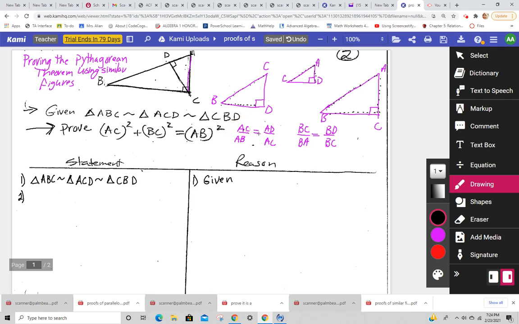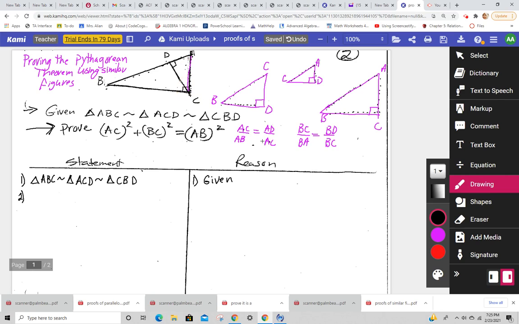You see I have AC here and AC here, which is this side, and then I have the whole hypotenuse, and then AD. So you should recognize that this is the geometric leg theorem.